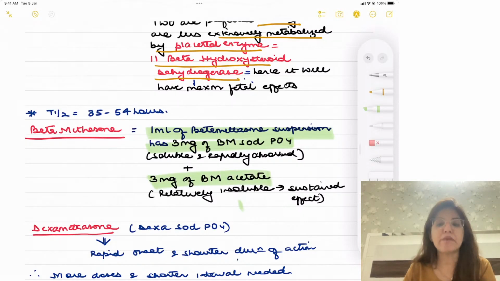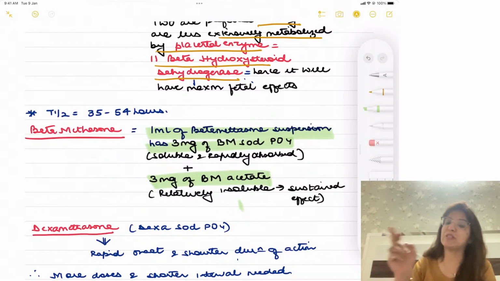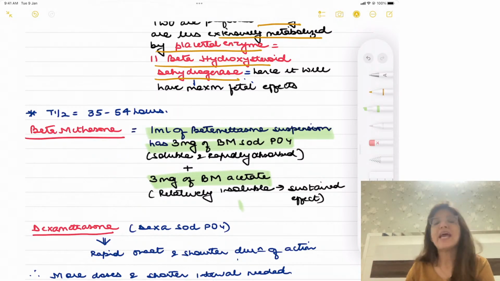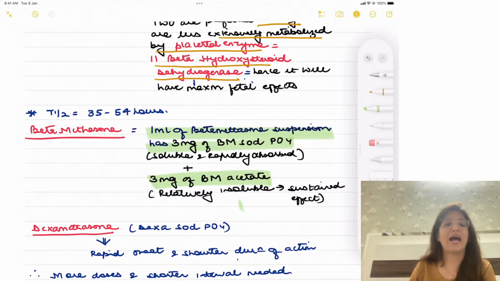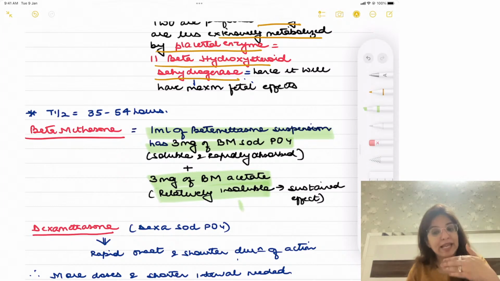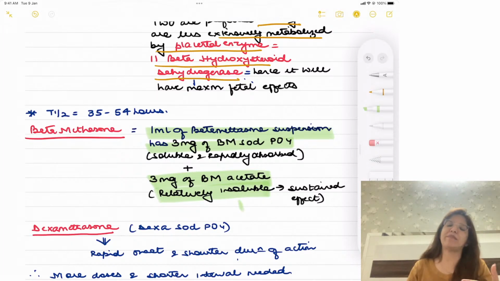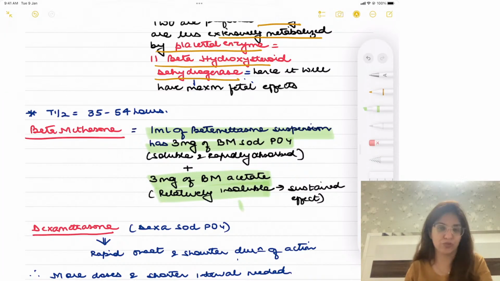The salt betamethasone sodium phosphate is soluble and rapidly absorbed. That is why the rapid action of betamethasone happens because of this salt, right? And the salt betamethasone acetate is relatively insoluble. So the sustained effect is because of betamethasone acetate. The rapid onset of action is because of betamethasone sodium phosphate, and the sustained action is because of betamethasone acetate.